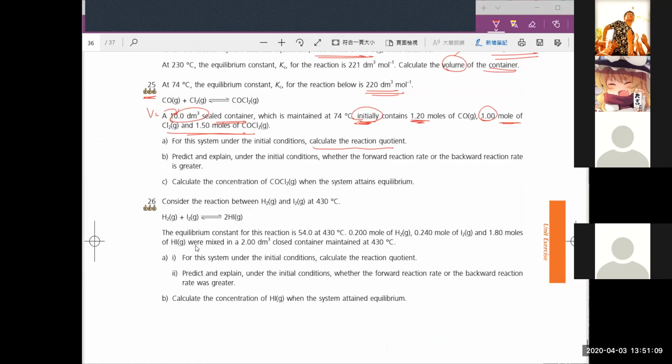It's your turn. This time I don't want to talk too much. It's your turn to do something similar to solve question 26. Very similar, right? Can you see that? Your turn.